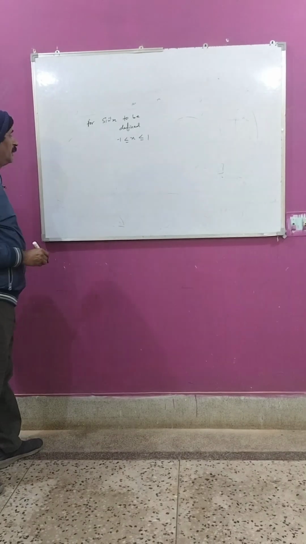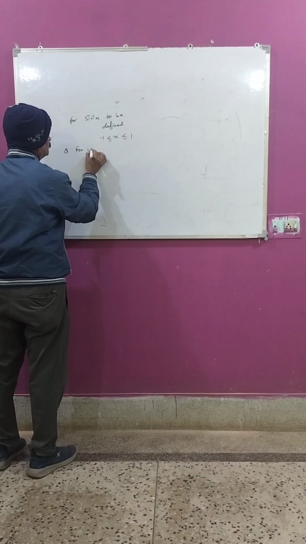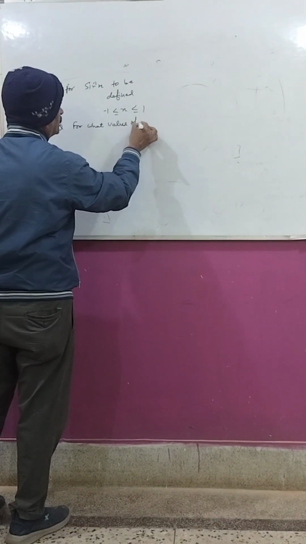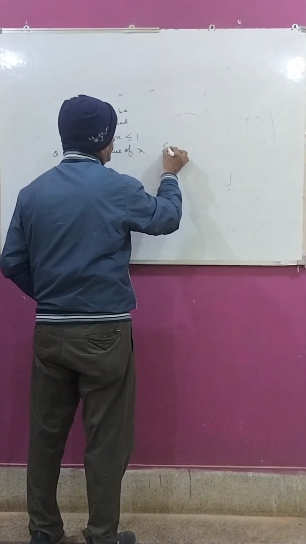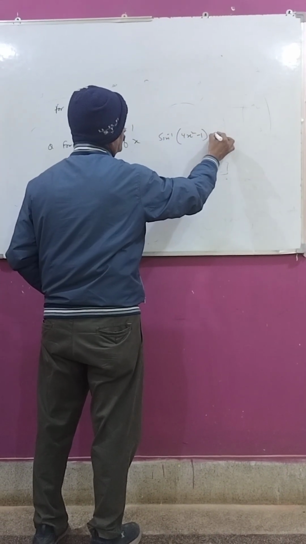Now my question is, for what value of x is sin inverse of 4x squared minus 1 defined?